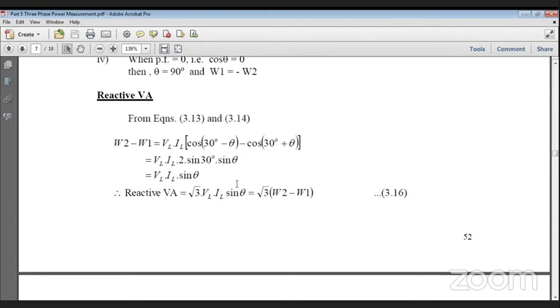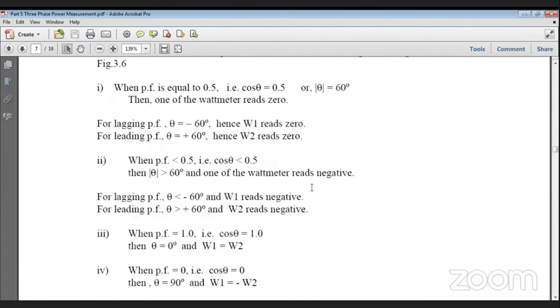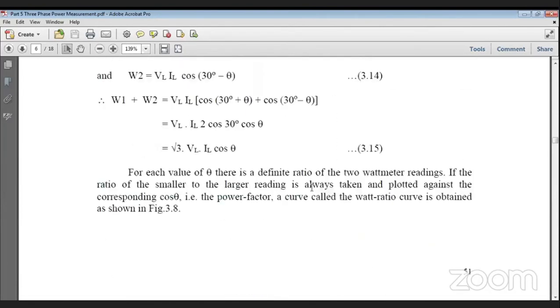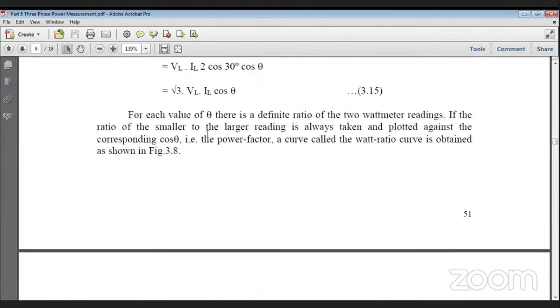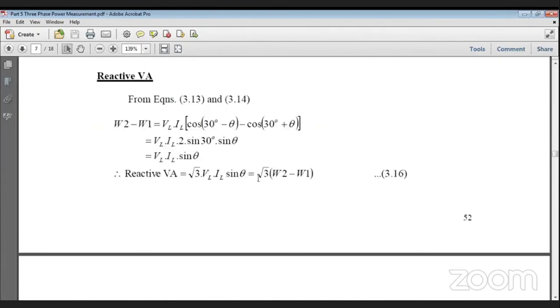Then somebody asks, what is the power factor of the load? Of course, balanced. It's very simple, because W1 plus W2 is root 3 VLIL cos theta, as you can see from here. Then root 3 times (W2 minus W1) is root 3 VLIL sine theta. So simply if I divide them, I get tan theta.